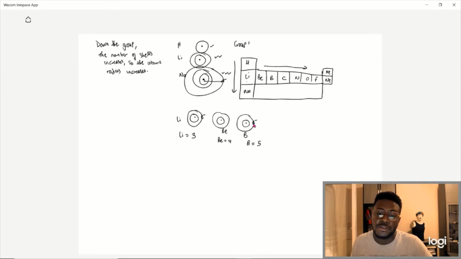So the outermost electrons will be closer. As you go across the period, you're going to have more and more protons, but the same shell. So that means the shells will be closer and closer to the nucleus. So the atomic radius decreases. Nice.